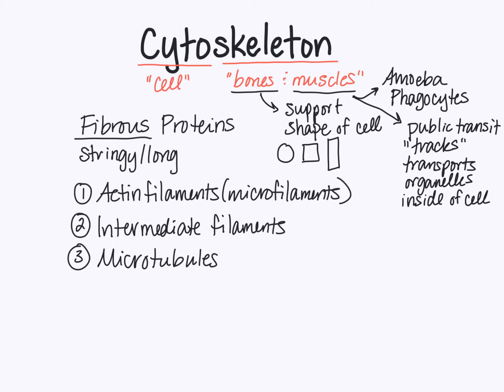And so this is important, for example, with vesicles. Transport vesicles help to move items that are produced by maybe one organelle and then deliver it to a different organelle in the cell. And these vesicles can be carried along these different protein fibers in order to get from one area to the other.